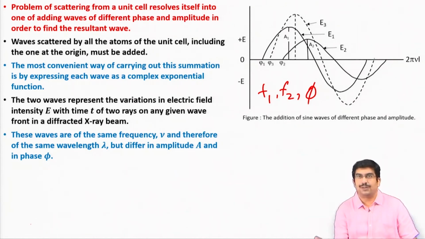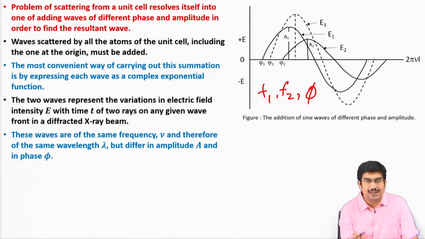This is the entire problem for the unit cell. This is what will give us the diffracted wave, the intensity, amplitude, phase, everything. These are two completely arbitrarily defined atoms for any kind of unit cell, so this is completely general, fine.